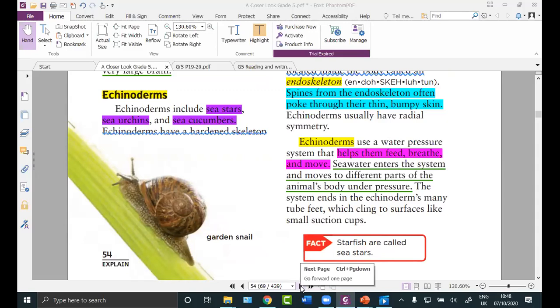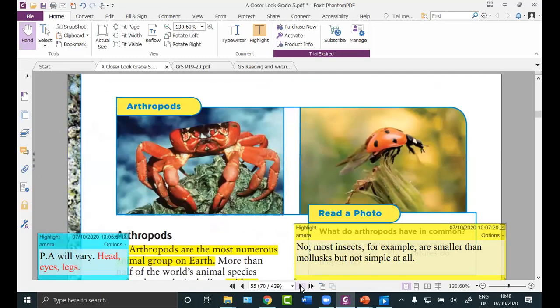Okay, thank you. Next page, arthropods. Yazan Bilal. Read.